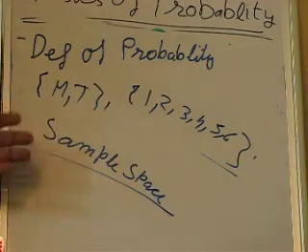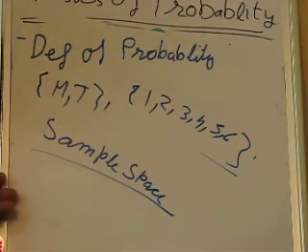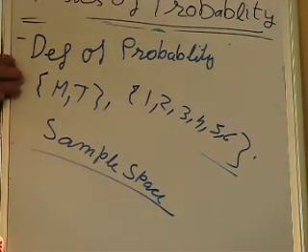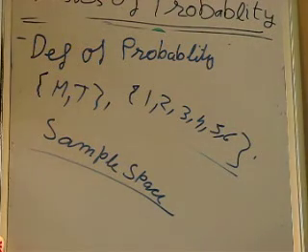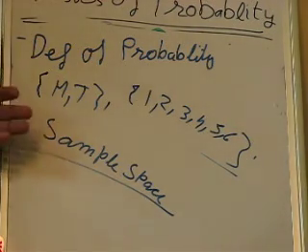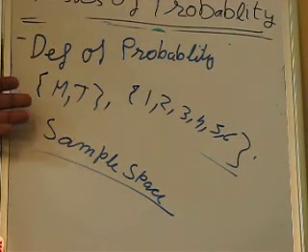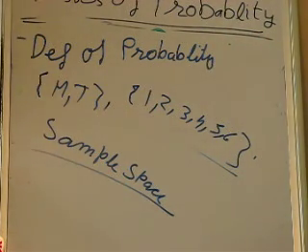Sample space can be finite or infinite, discrete or continuous. Just like here you have a sample space containing head or tail or 1, 2, 3 to 6, here you can count the number of outcomes. So this is called a finite sample space, or you can say a discrete sample space.